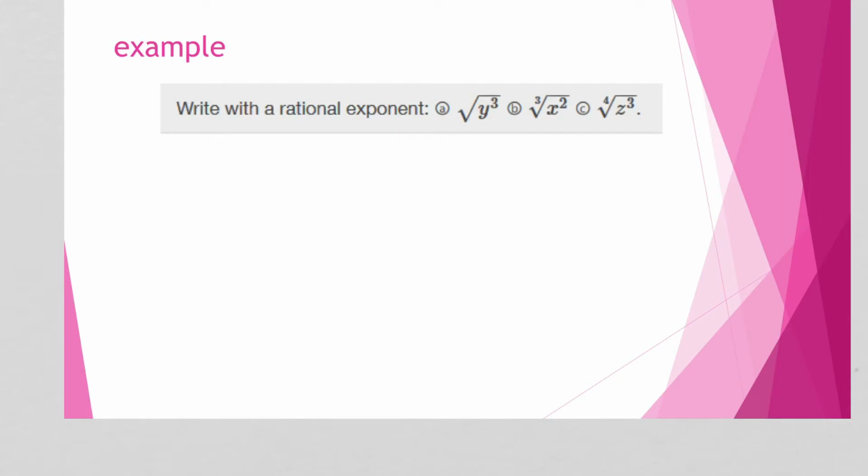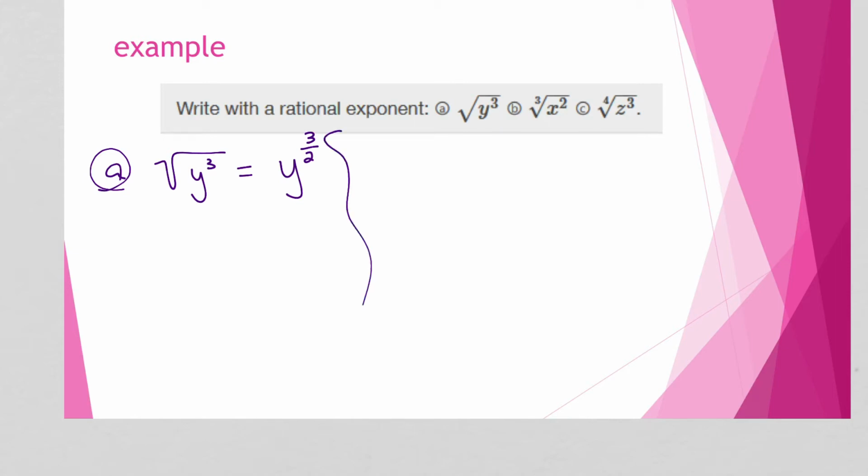First, let's just start by writing these as rational exponents, okay? So on part A, we have the square root of y to the 3rd. So that can be written as y to the 3 over 2. That's another way to write that, okay?